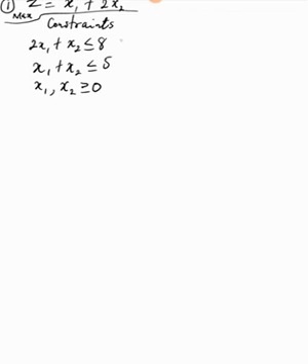So for this first constraint, we are going to have 2x sub 1 plus x sub 2 plus the slack variable, let's name it x1, equal to 8.